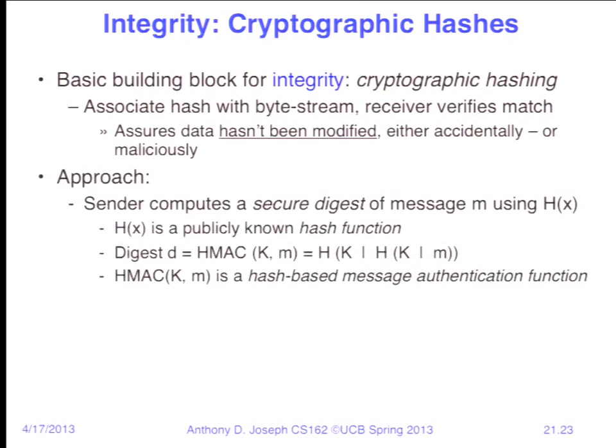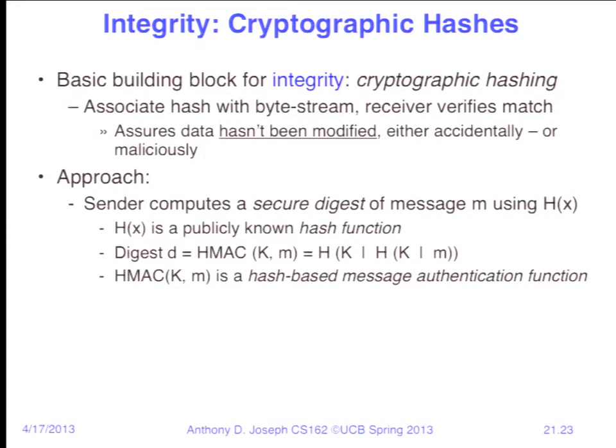So basic approach. The sender computes a secure digest of the message using a hash function and the secret key. This hash function is a publicly known hash function, and we'll look at a couple of examples. They compute a digest by taking the message and prepending onto the message the secret key. They then hash that.